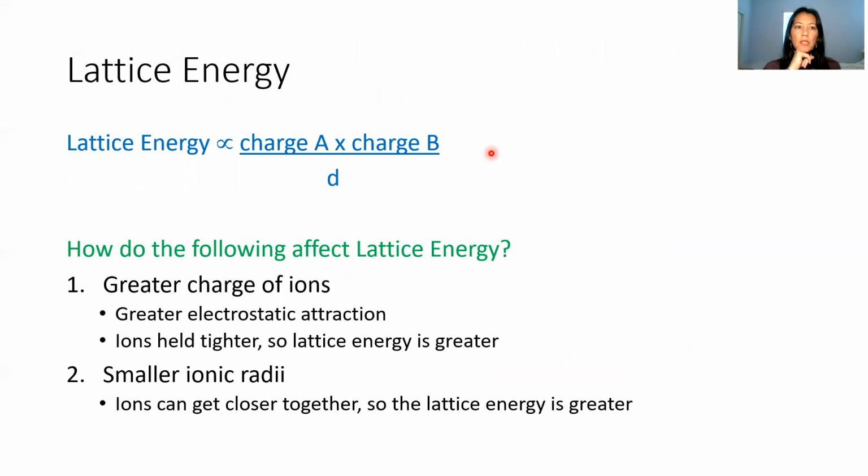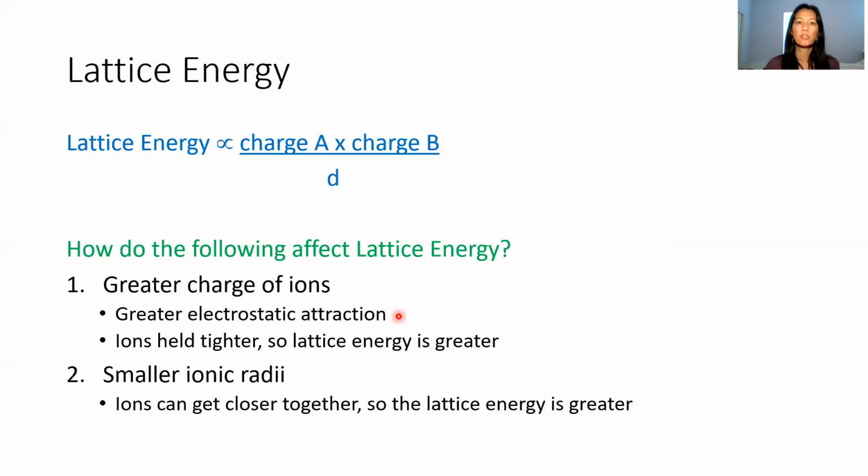Something else you need to understand about lattice energy is that it's proportional to the charge of the ion. So hopefully you can think about other types of ions combining, not just plus and minus, but maybe 2 plus and 2 minus. The greater the charge, the greater the electrostatic attraction. The reason is those ions are held more tightly.